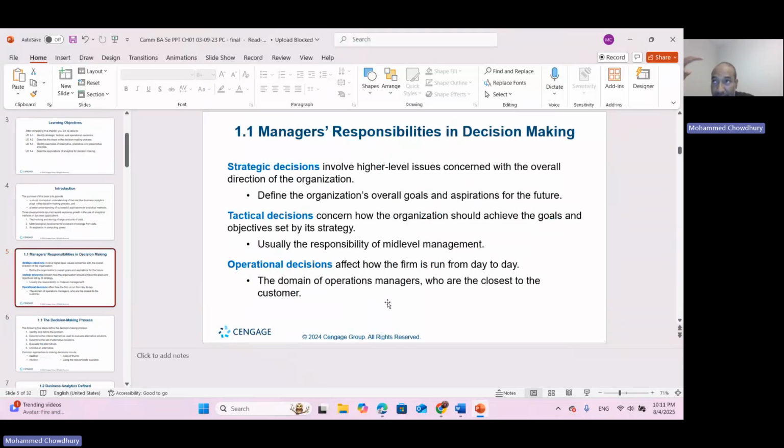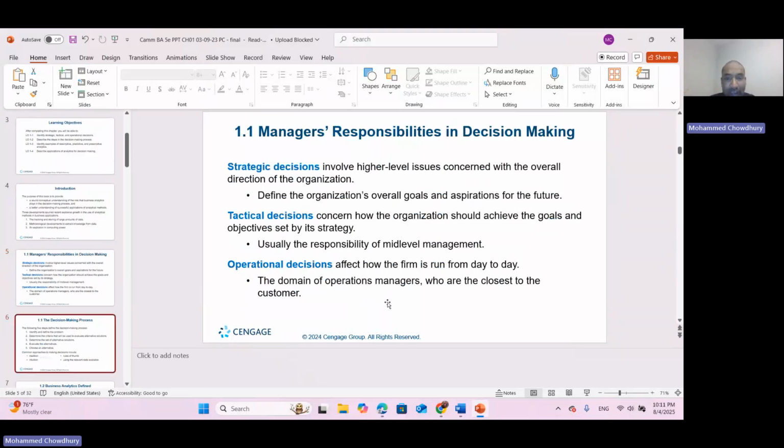So some of the things in the company should be kept, or should be eliminated, or should be merged, in order to have better functioning of the company. Those are the operational decisions, the domain of operations managers who are the closest to the customer.